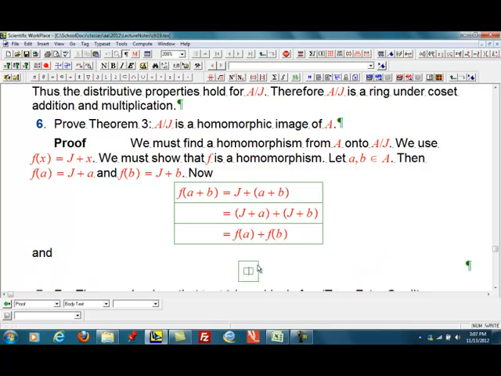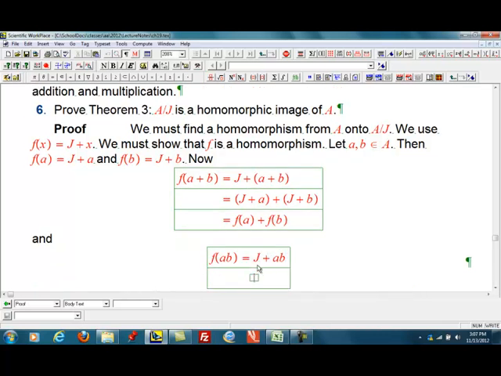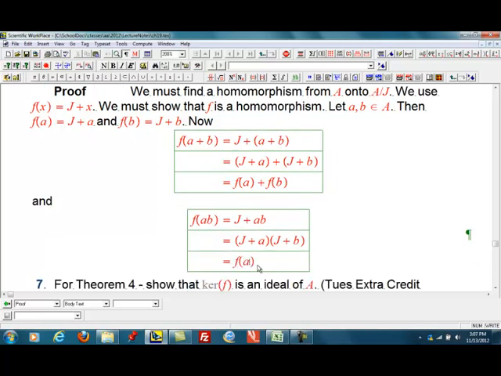And let's do the multiplication. F of AB, according to our definition, is J plus AB. Applying coset multiplication, we get J plus A times J plus B, which is equal to F of A times F of B. So what's our conclusion?